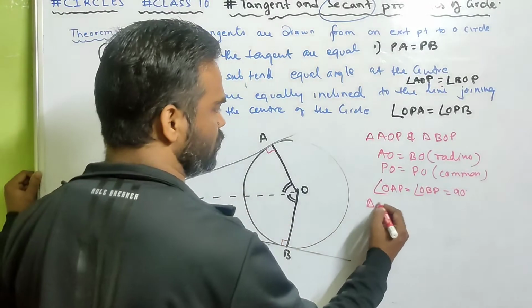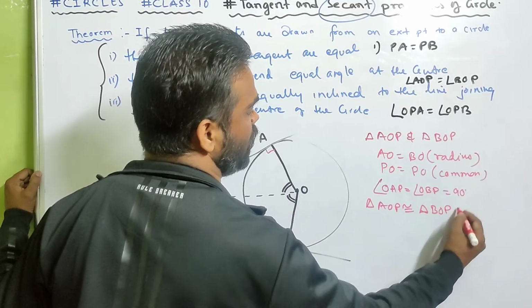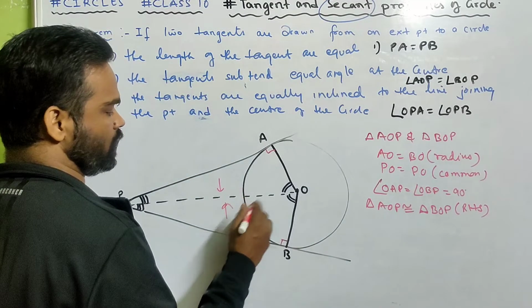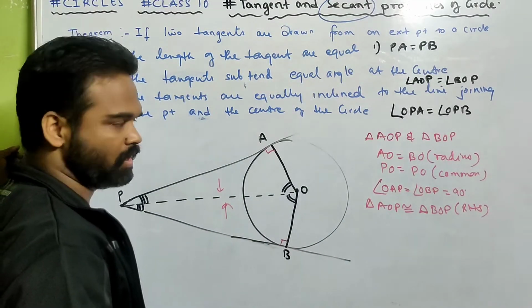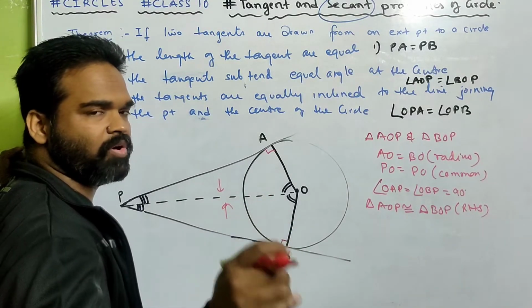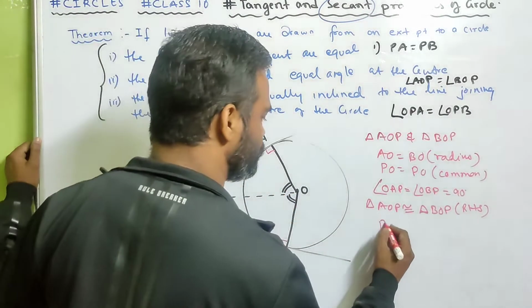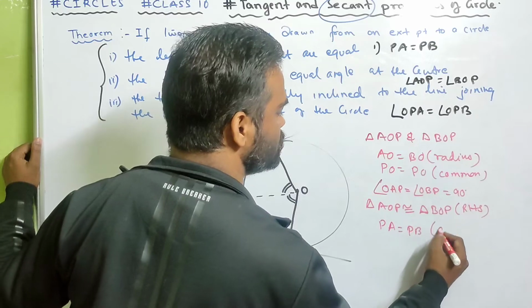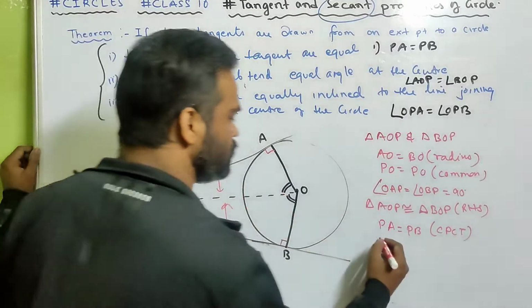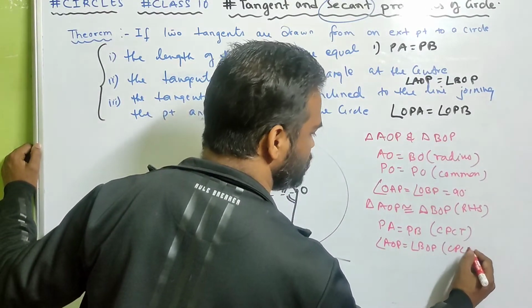Which means these two triangle AOP is congruent to triangle BOP by RHS, right angle, hypotenuse, and one of the side is equal, RHS. Now, if they are congruent, then the corresponding part of congruent triangle are equal, which means PA will be equal to PB, CPCT, angle AOP is equal to BOP, CPCT.